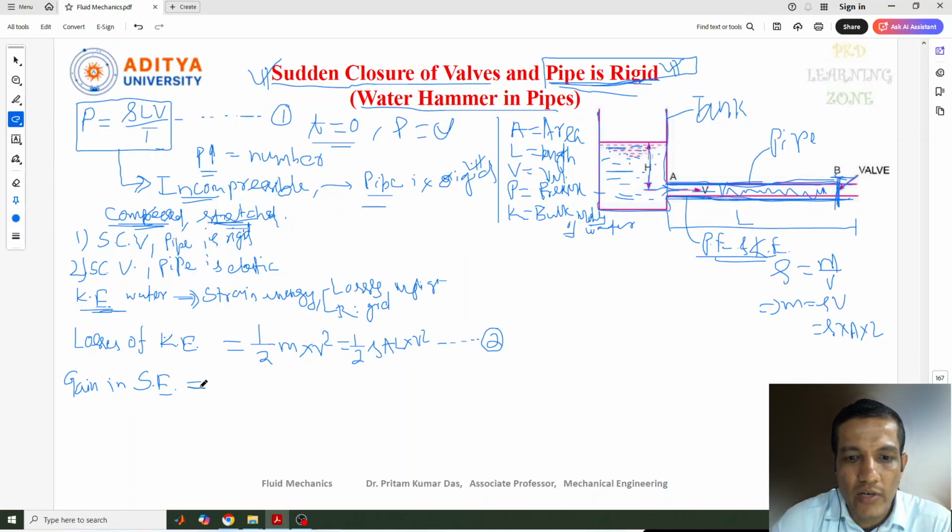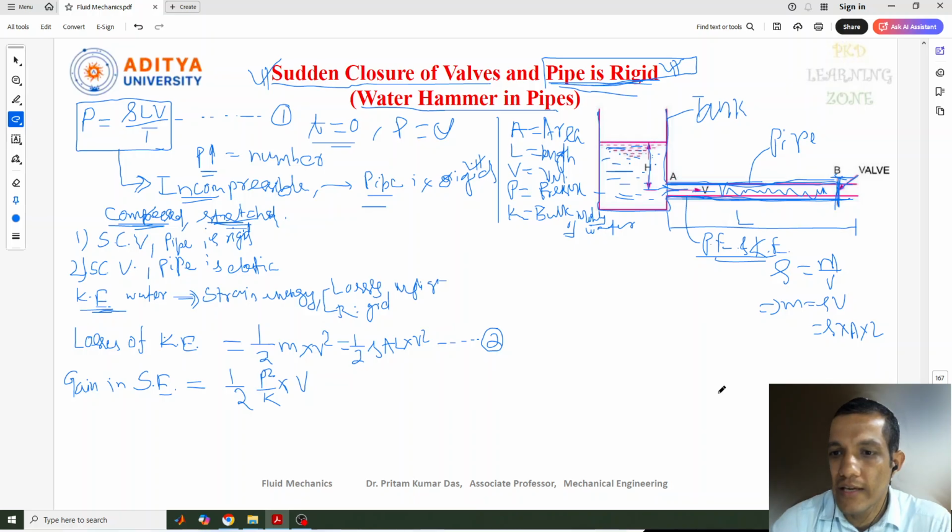The formula for strain energy is U equals half into sigma square by epsilon into V. Different terminologies are there, because it is also used in dynamics, and we can use it in strength of materials also. So here we'll consider the gain in strain energy as half into P square by K into volume, where P is the intensity of pressure and K is the bulk modulus of water.